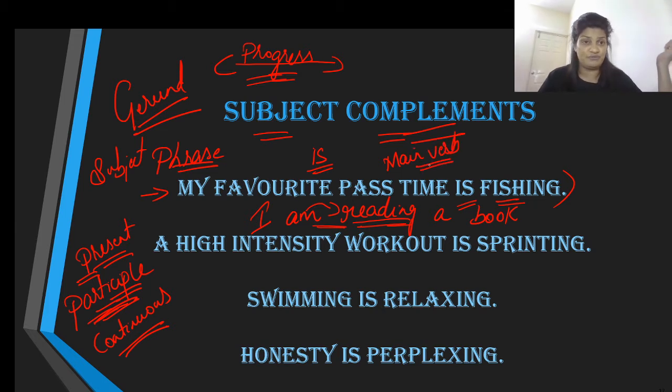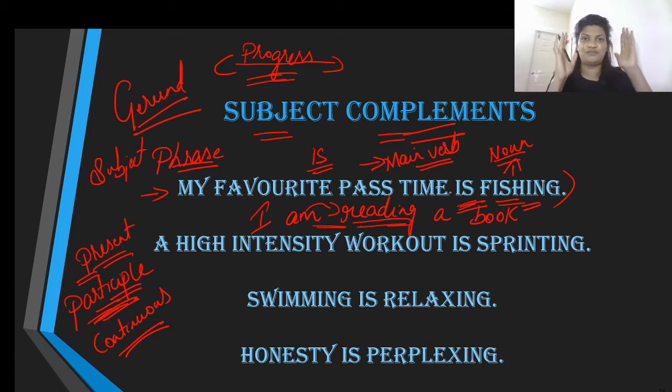We do use be verbs as main verbs, and here we have used the be verb as a main verb, and fishing is completing the statement, functioning like a noun. There is no continuity over here. Just like in "I am reading a book," which states the continuity of the action, it's not the same over here. "My favorite pastime is fishing."